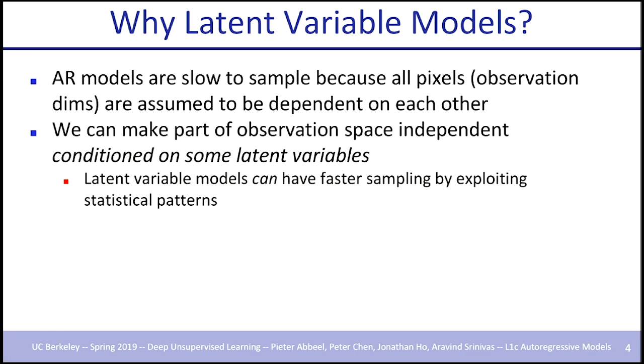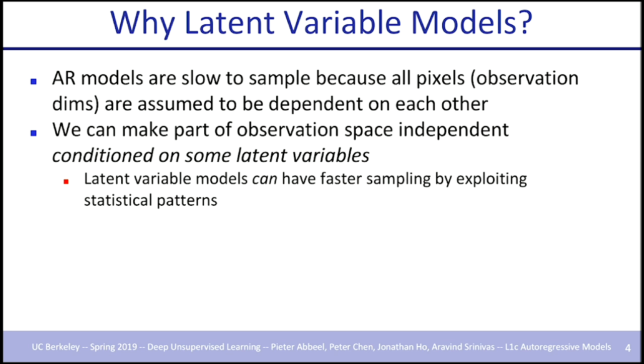So why is this useful? It's also useful in the sense that it can simplify your probabilistic models. Autoregressive models are slow to sample because you are assuming all the pixels are dependent on everything before them.